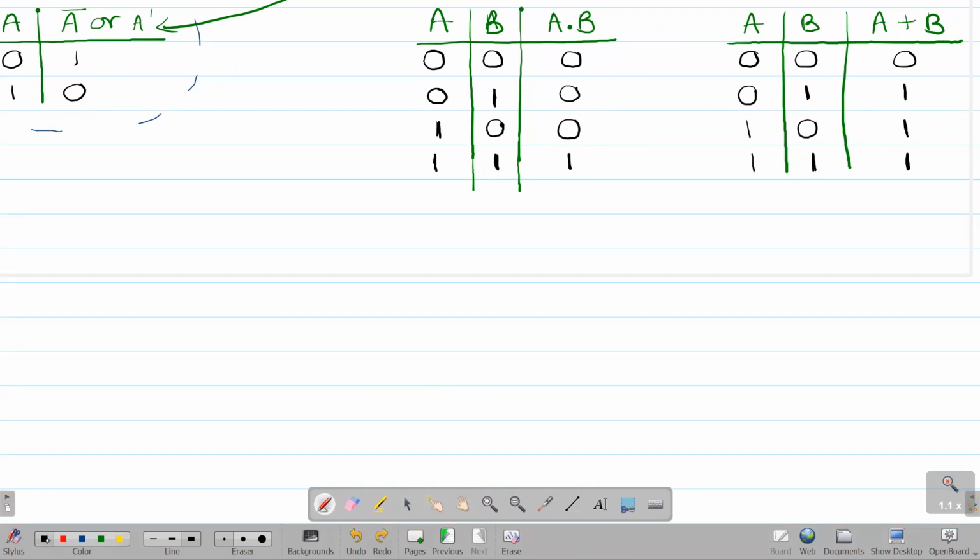So the combinational gates, there are two types.